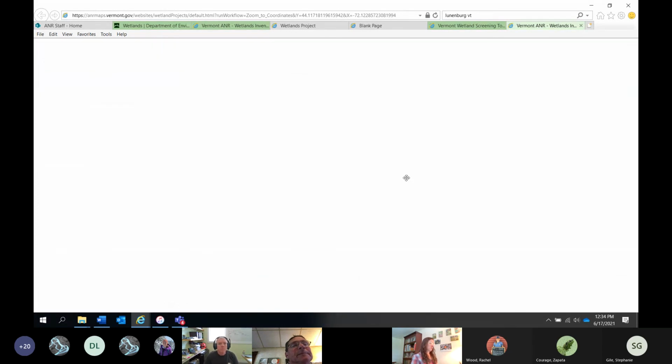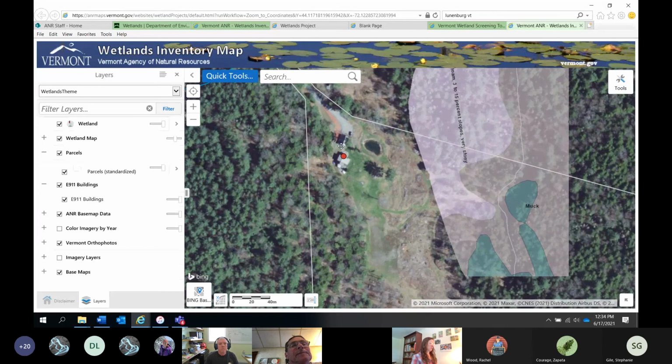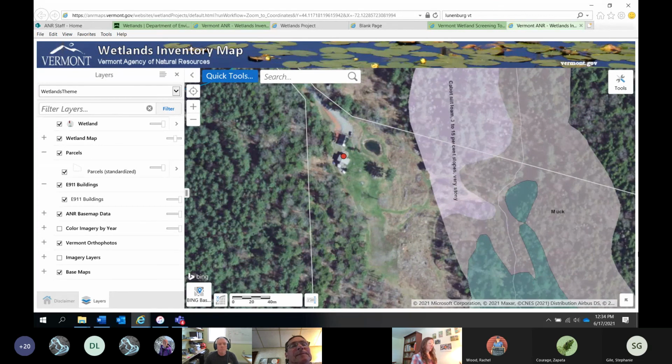This one has some fun things going on. So this is the differentiated soil mapping. So the muck is showing up as a little bit of a different color than the Cabot silt loam. I find in my district, Cabot silt loam, it's about a 50-50 chance it's wetland.